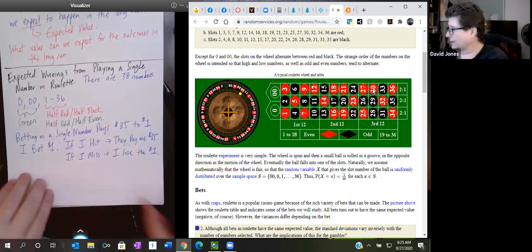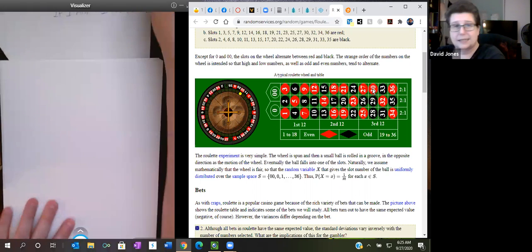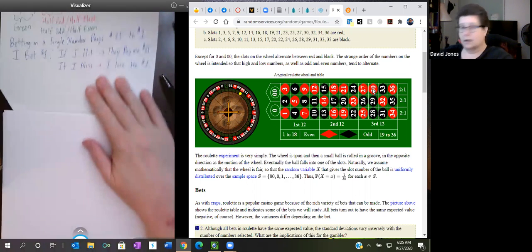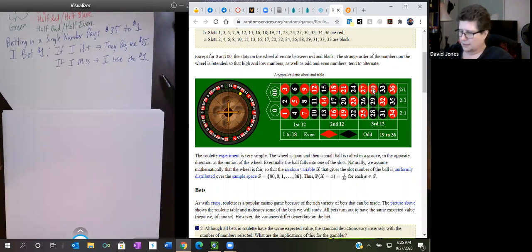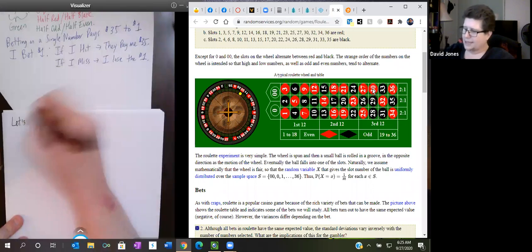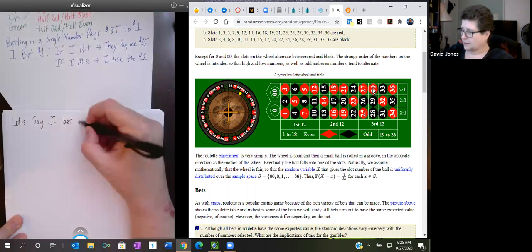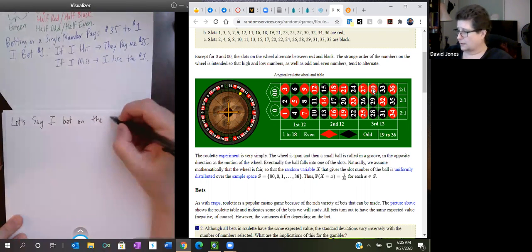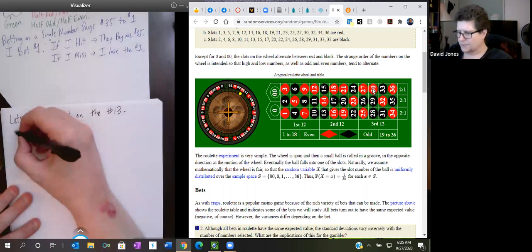So let's just say I bet on 13. Let me leave that up where we can see it. I like the number 13. Let's say I bet on the number 13. What are the outcomes?